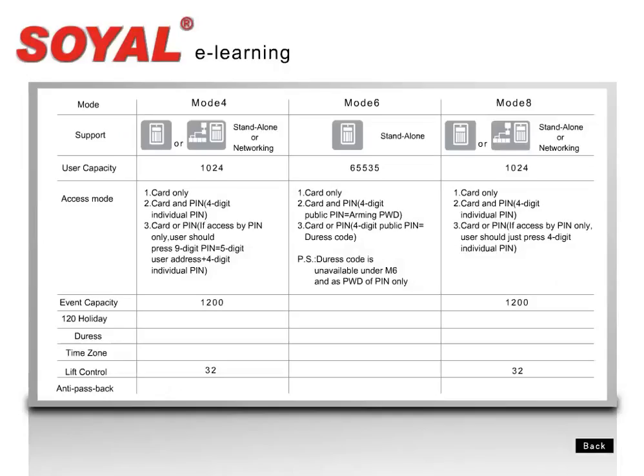Here is the comparison chart of Mode 4, Mode 6 and Mode 8. M4 mode and M8 mode are very similar. Both of them could support standalone or networking mode, and their user capacity is 1024 people, which is lower than the M6 mode.